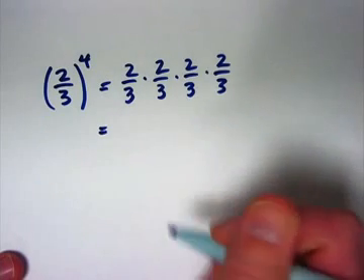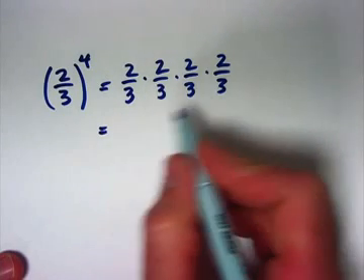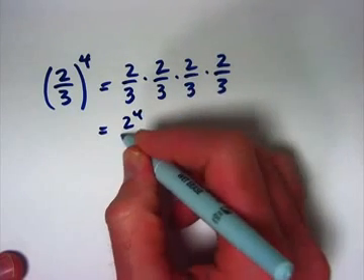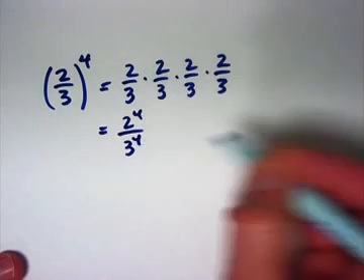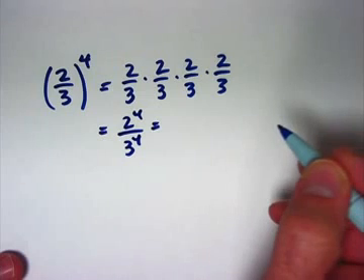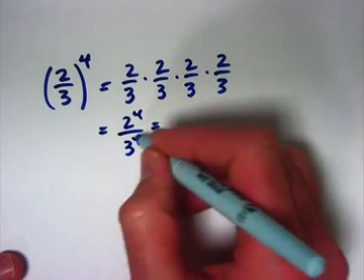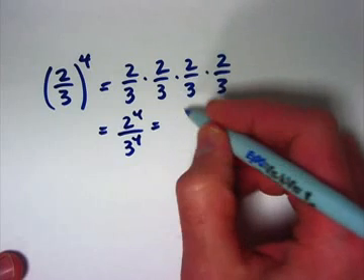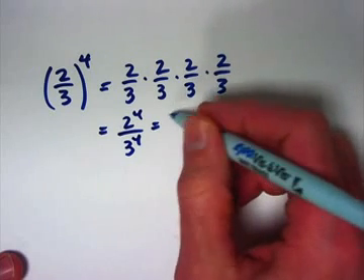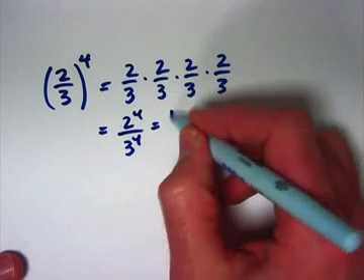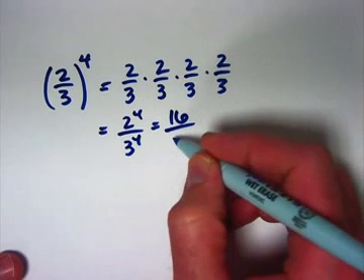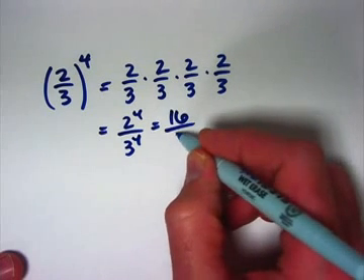What do you do to figure that out? You multiply the numerators and you multiply the denominators. You've got to, in fact, take 2 to the 4th divided by 3 to the 4th. This is actually illustrating another property of exponents that I'm not going to talk about at the moment, but maybe you want to think about or look up what you think I'm talking about there. But 2 to the 4th is 16. 3 to the 4th is 3 squared, which is 9, times 9, which is 81.